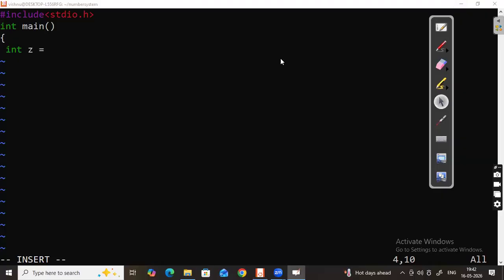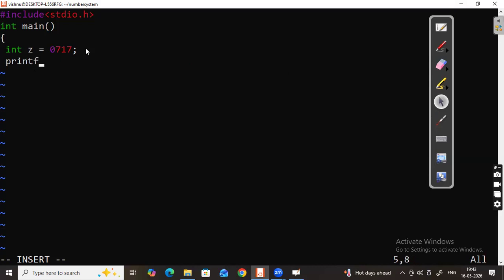Octal means you have to write 0. int z equals octal 717. This is the octal meaning. If you want to represent it as octal, you have to write 0. Then only the system will understand that 717 is an octal number.